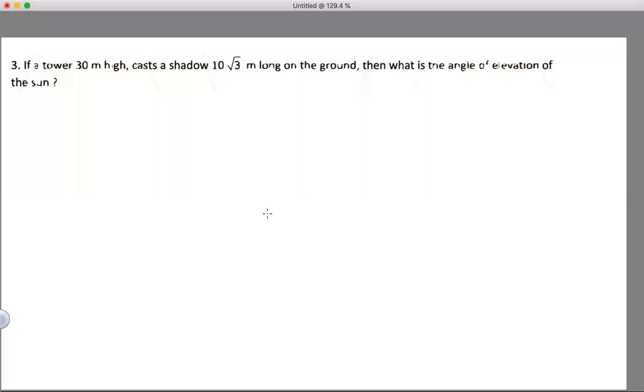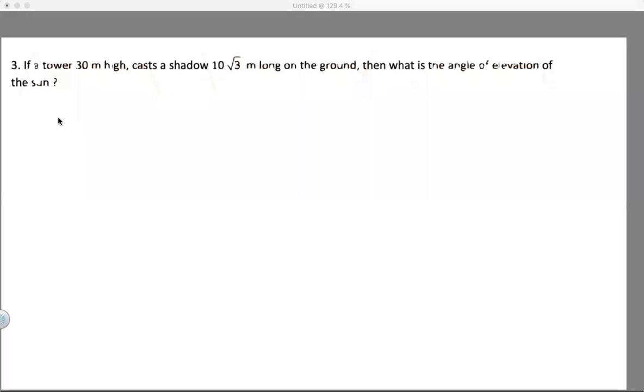A tower 30-meter high casts a shadow of 10 root 3 meter long on the ground. Then what is the angle of elevation of sun? In heights and distances, this is one of the easiest possible types of question, usually would come for just a mark. So 60.